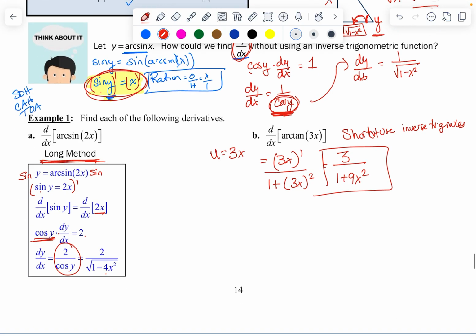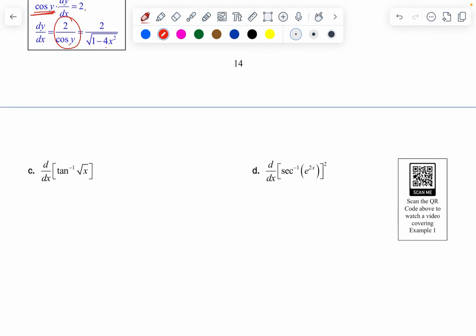And that's our derivative. As we keep going here, remember that this means the same thing as arctan of x to the half. So in this case, our u is x to the half. So the inverse trig rule says that the derivative of inverse tangent is going to be equal to x to the half derived over 1 plus x to the half squared.